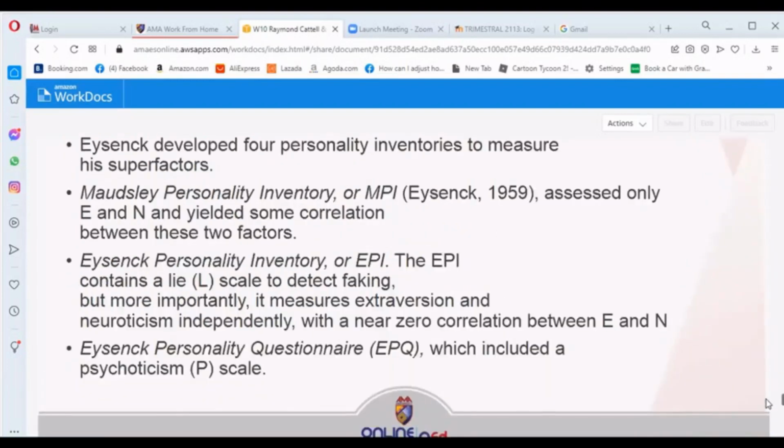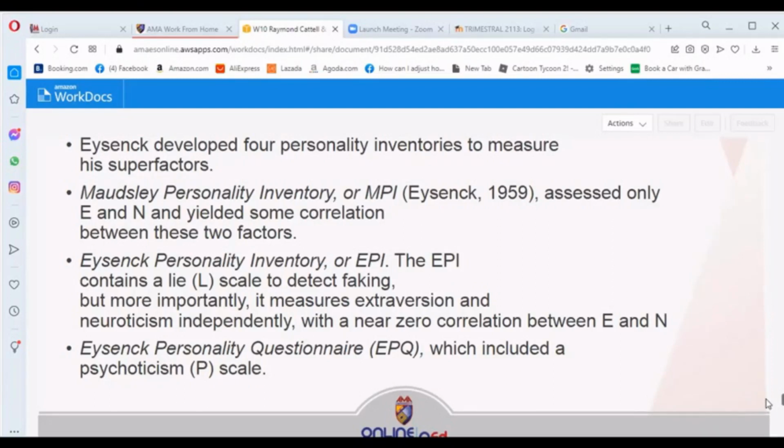Eysenck developed four personality inventories to measure his superfactors. There is also another assessment, the Maudsley Personality Inventory, or MPI, which assessed only E and N and yielded some correlation between these two factors.